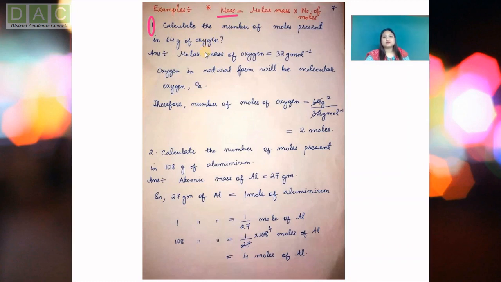In this question, we will use this formula. So first, what is the molar mass of oxygen? Molar mass of oxygen is 32 gram per mole, because molar mass will be equal to mass divided by number of moles.